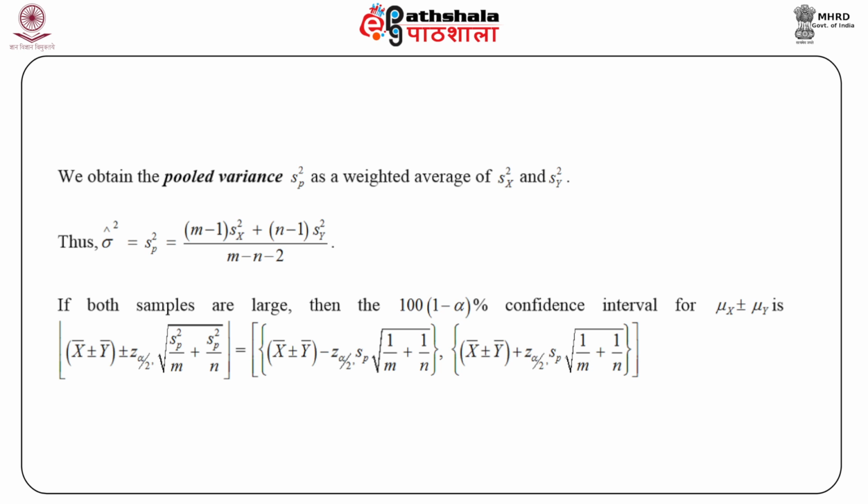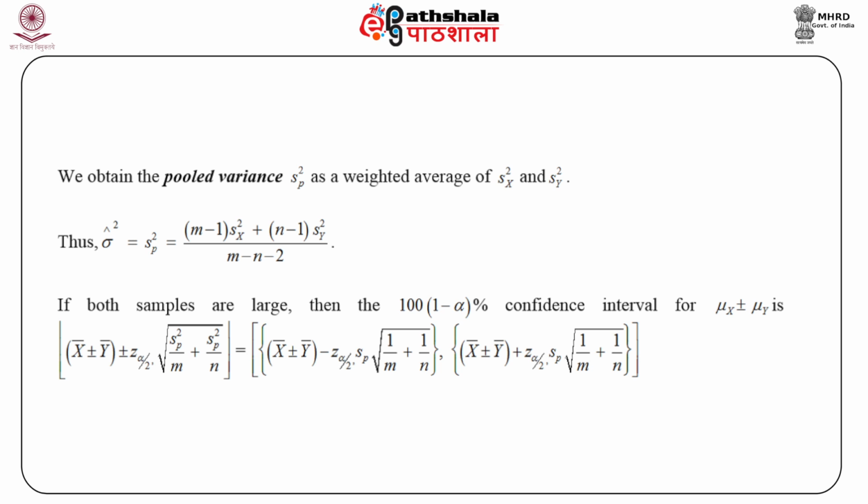This is equal to, in capital brackets, again in another bracket, x bar plus minus y bar, small bracket close, minus z alpha by 2 times s p times the square root of 1 by m plus 1 by n, comma, and x bar plus minus y bar plus z alpha by 2 times s p times the square root of 1 by m plus 1 by n.